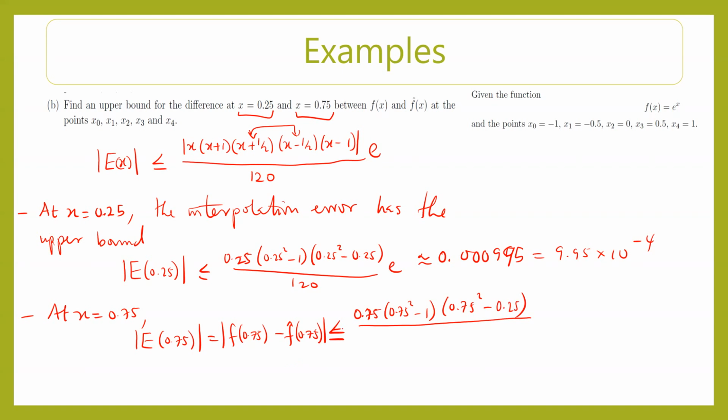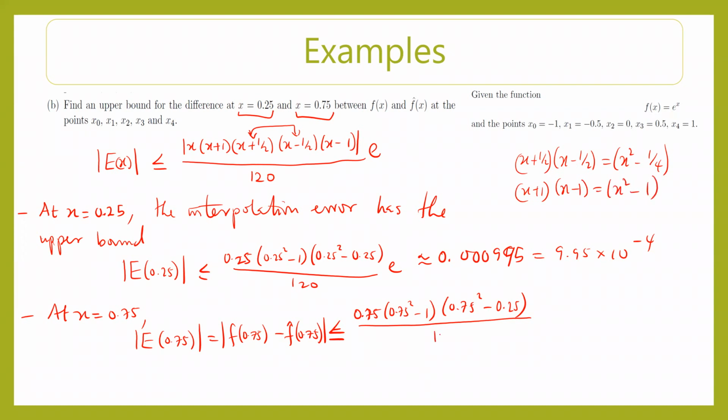Okay, the difference of 2 squares of this one gives x plus 1 over 2 times x minus 1 over 2, which gives x squared minus 1 over 4. That's what I'm using on this side. And the other one is x plus 1 times x minus 1, that is the one that gives x squared minus 1.